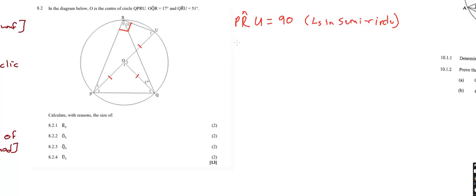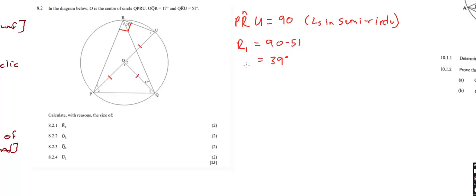So this will therefore mean that R1 is equal to 90 minus 51, because PRU is the same thing as R1 plus 51. So if I take the 51 to the other side, I think we are supposed to get something like 39 degrees.